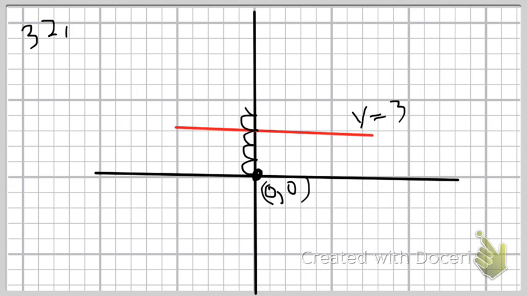And then we go another 1, 2, 3. So we end up right there, and that is 0, 6. So if our original point is O, then up here, we're going to have O prime.